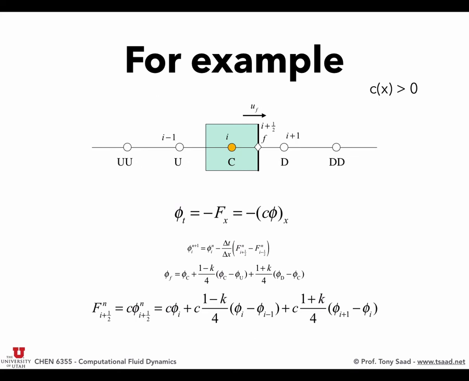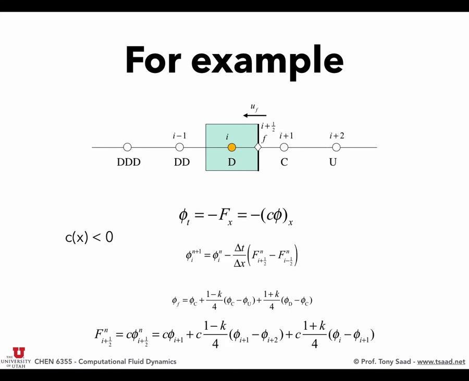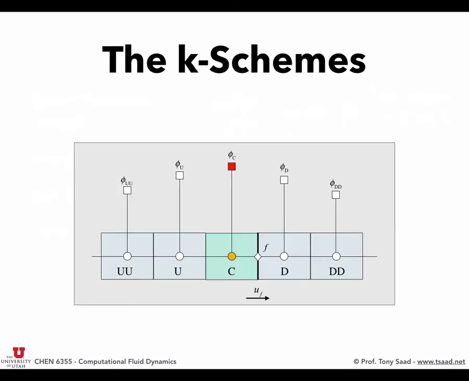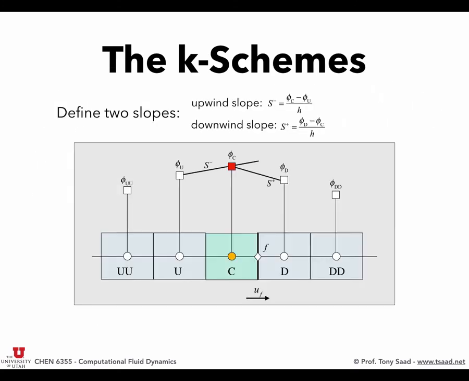Now, if you swap the velocity, the k scheme still works, because we only formulated it in terms of upwind and downwind. And magically, the plus and minus signs just work. Because one argument you could make is, in this drawing, you said phi f is phi upwind plus h over 2 times the slope.